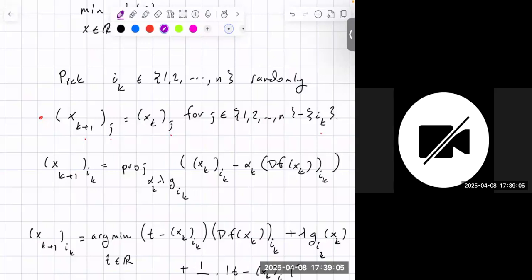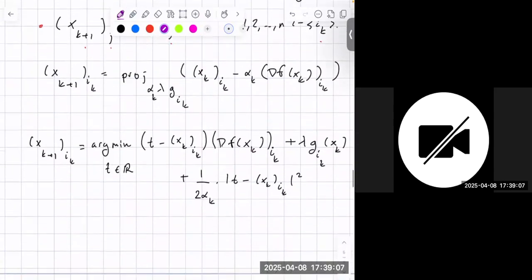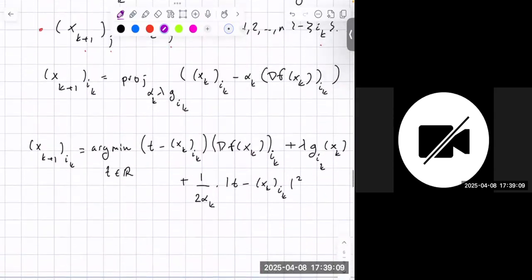Okay. And you can even just write this down. And the thing you will pick, apparently the solution to this, comes out as the minimum over t of this quadratic function. And we are able to optimize quadratics very quickly. So basically, every iteration is quick to compute.